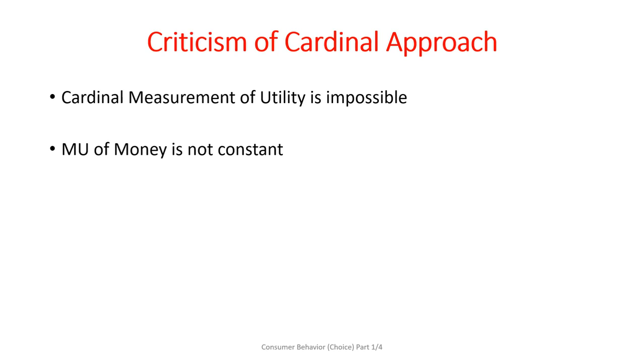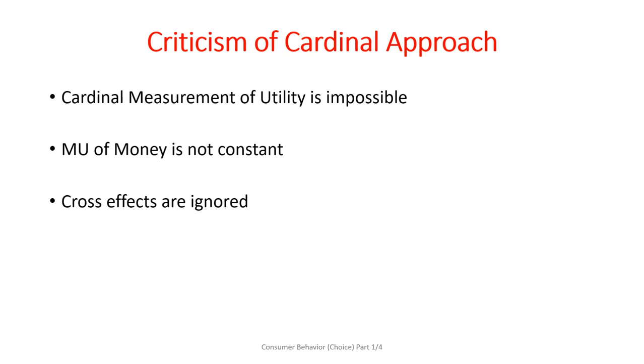Next is, the marginal utility of money is not constant. It depends on the situation and also on how much money you have. The marginal utility of money for a very rich person may be very low, and for a poor person may be very high.